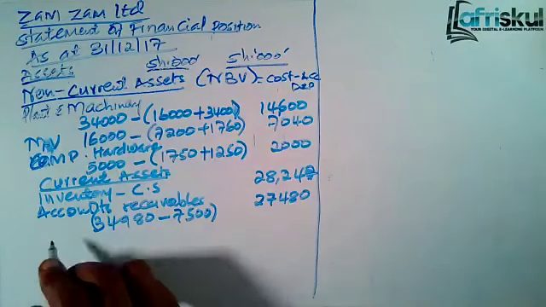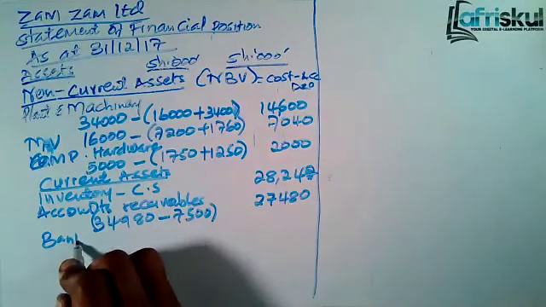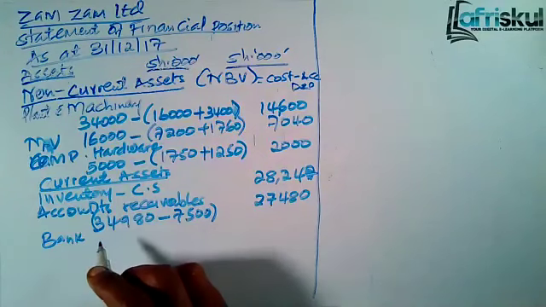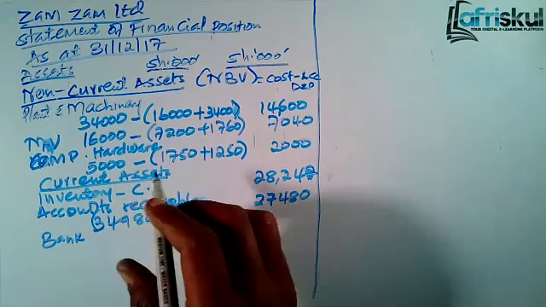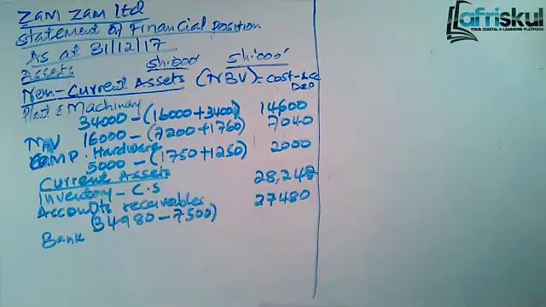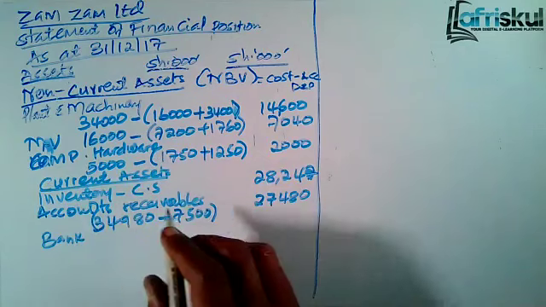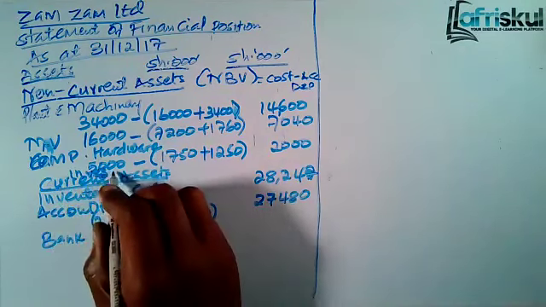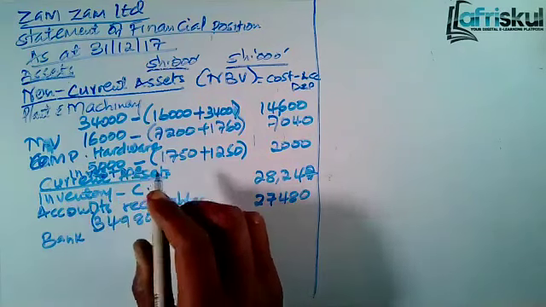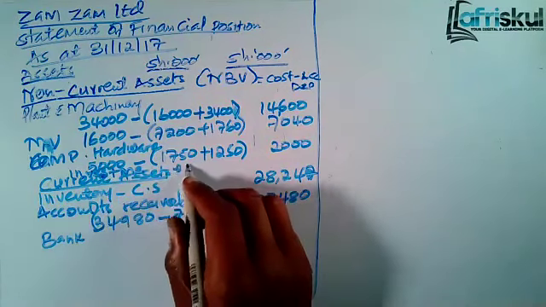Then the next one is the bank balance. There is a value that I've forgotten here. We have also the investments.